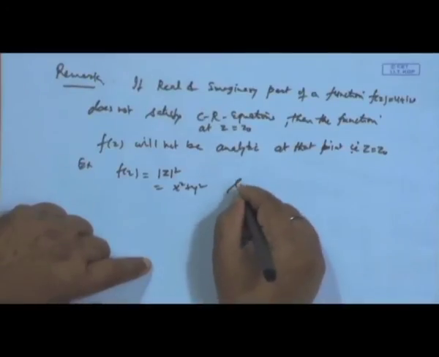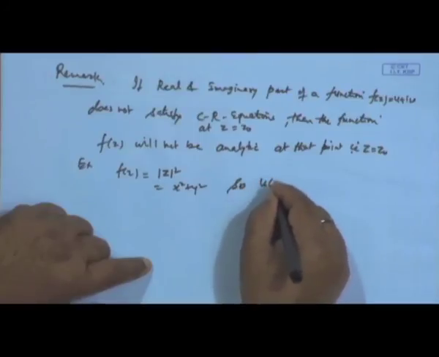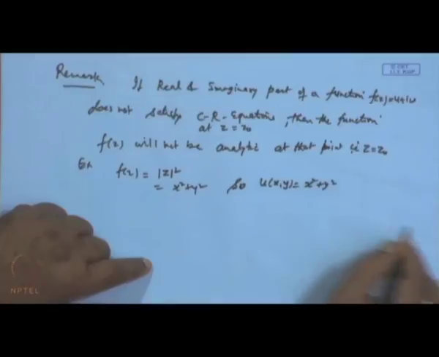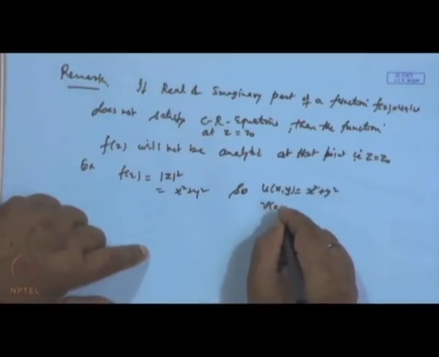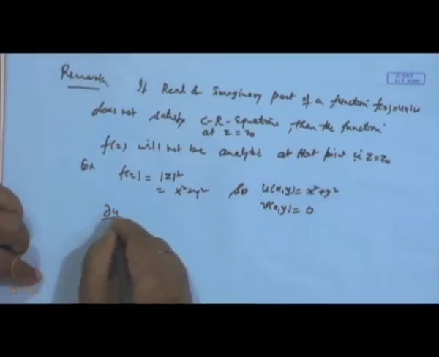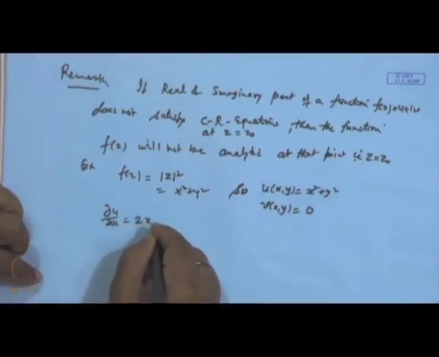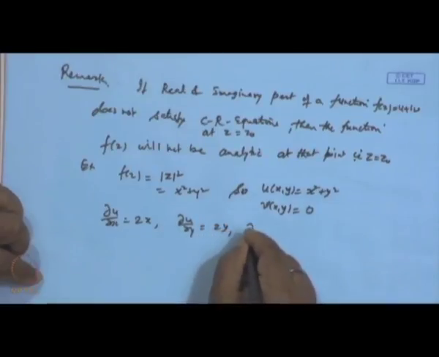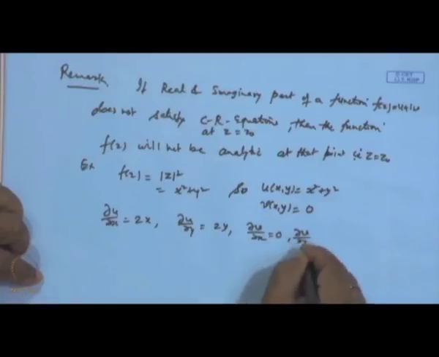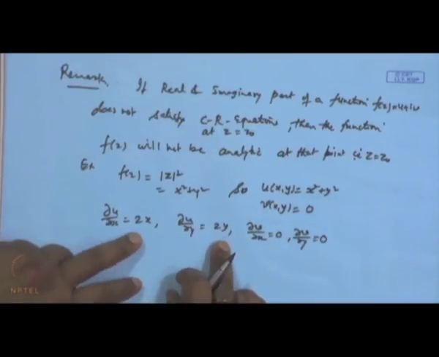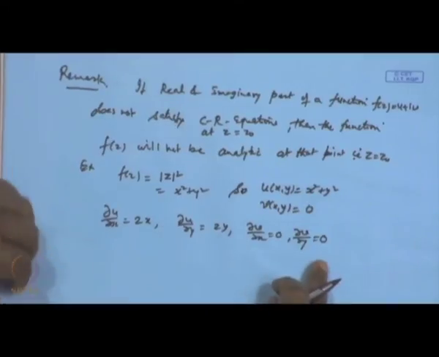So, our u becomes x square plus y square, v becomes 0. So, del u over del x is 2x, del u over del y is 2y, while del v over del x is 0, del v over del y is 0. So, except when x and y are 0, the conditions are not satisfied.